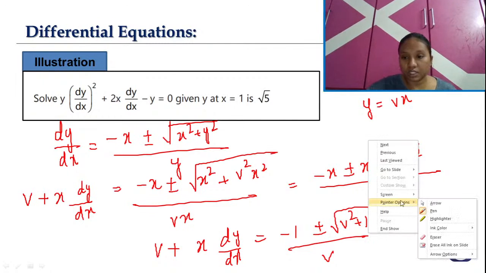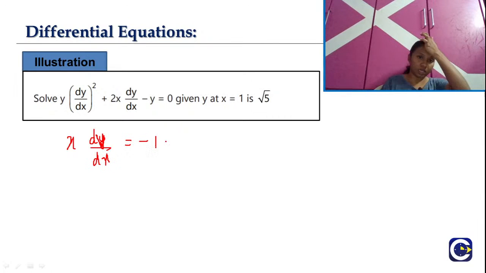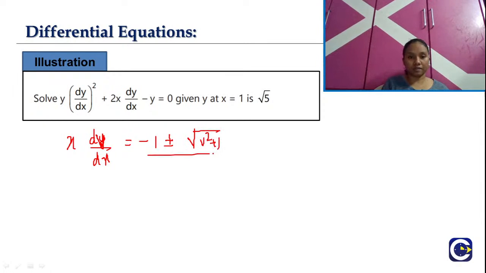That turns out to be x into dv by dx equal to minus 1 plus or minus root over v square plus 1, divided by v, minus v.